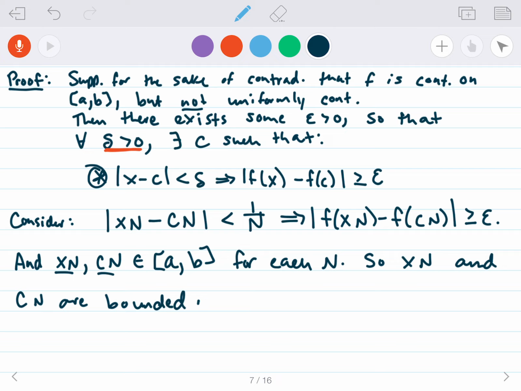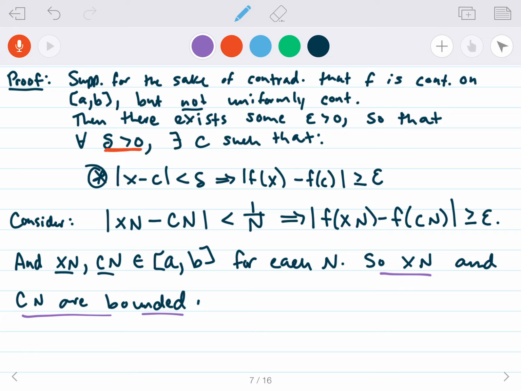Okay. All right, so now we're going to bring up a result that we haven't talked about in quite some time, the Bolzano-Weierstrass theorem. So what does it say? Well, it said that if you had bounded sequences, they had a convergent subsequence.